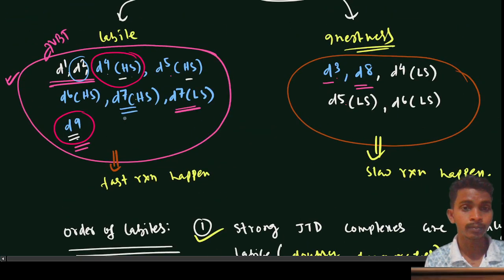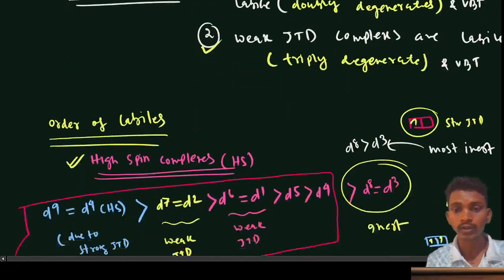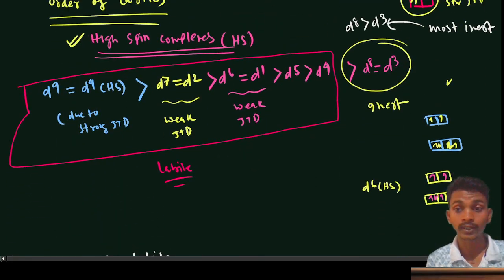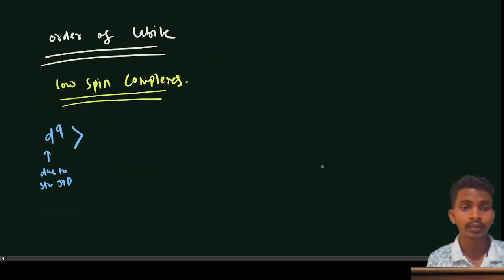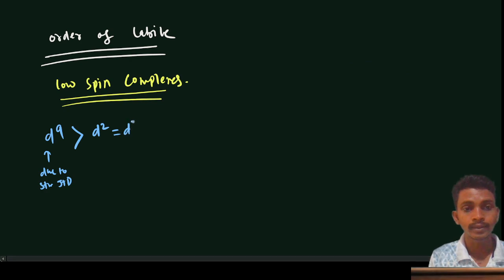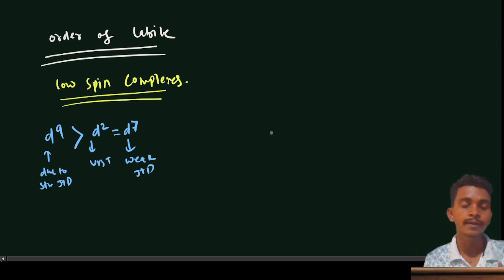After that, for low spin complexes, D7 low spin is triply degenerate, so there is weak JTD. I will write here that D2 and D7 are: D7 is due to weak JTD, and this comes from BBT, the unhybridized low lying orbitals.